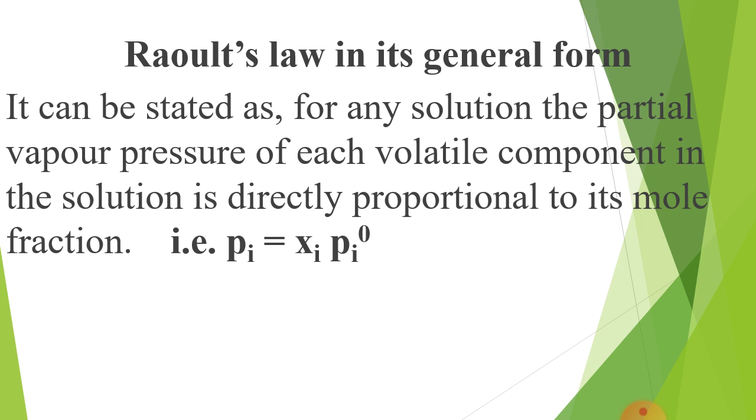So this is the general form of Raoult's law. Three forms of Raoult's law you have to know: if both components are volatile, if only the solvent is volatile, and the general form. You have to learn and understand these three properly, and go through the NCERT book also.